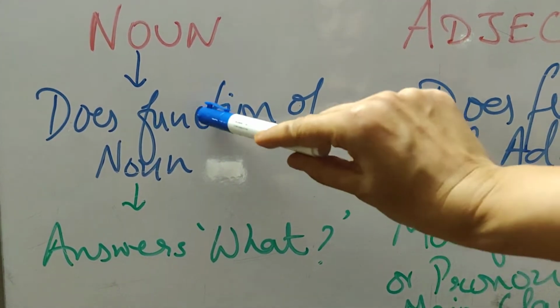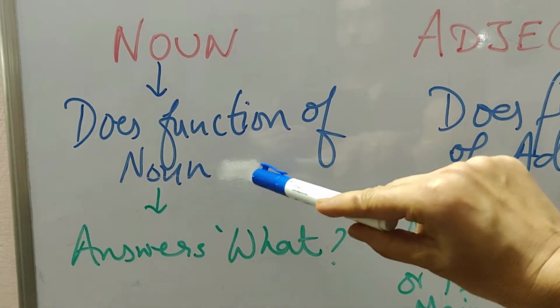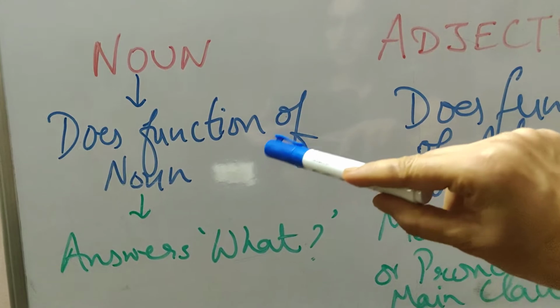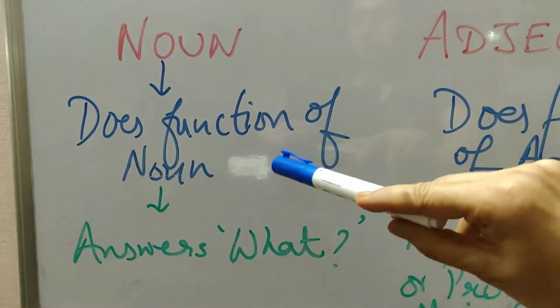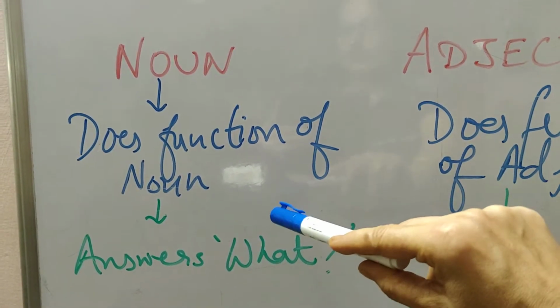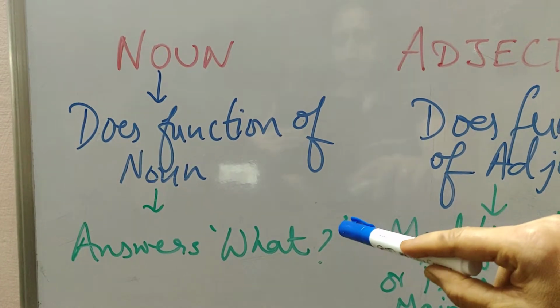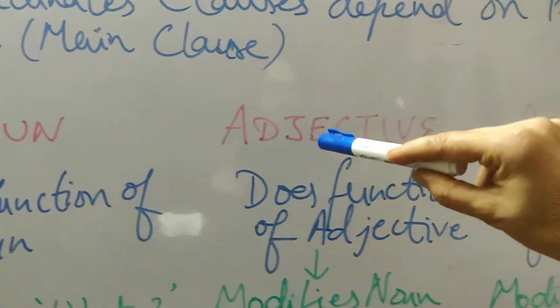And it is doing the function of a noun because about the house, what the house did, that part is telling here. Its noun is being described here. Okay. So this is the house that hosted the party. So I hope you have understood about the noun clause.